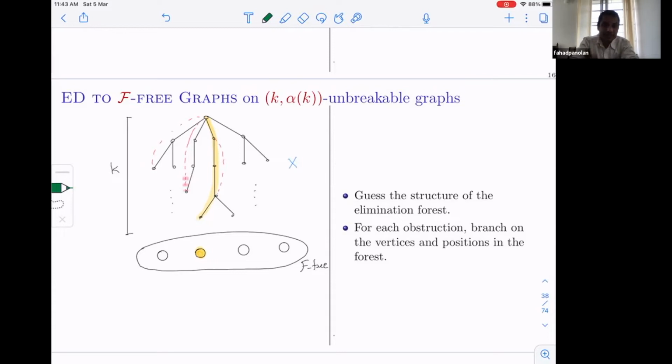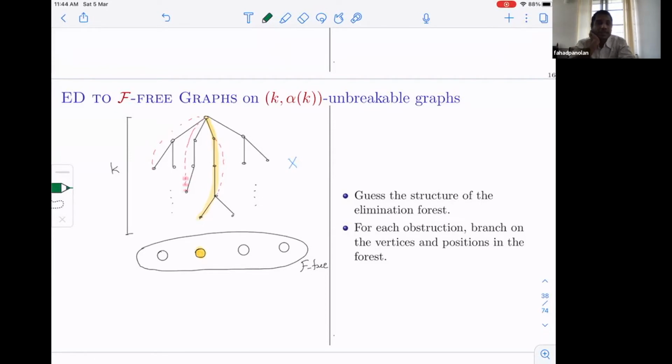If there exists some obstruction, then we know at least one vertex from that induced subgraph should belong to X, should be part of this forest.